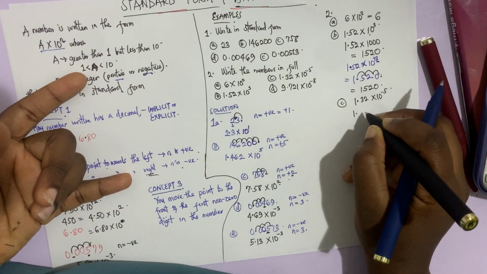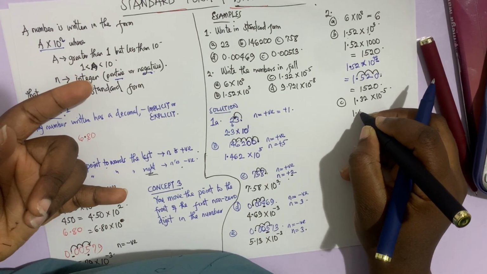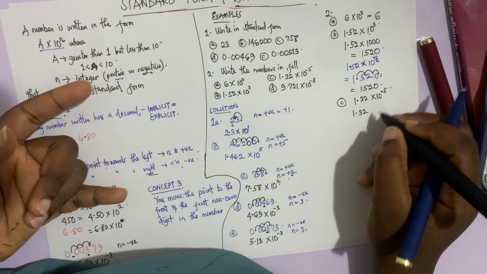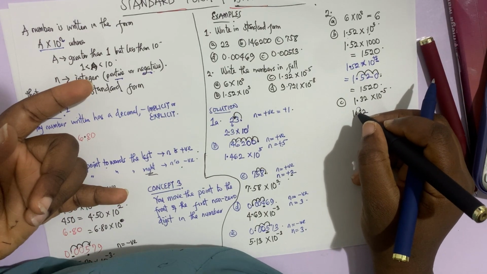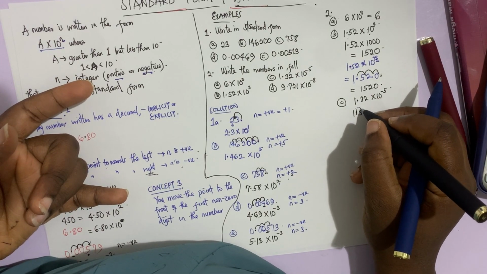Next, 1.234 times 10 raised to the power minus 5. You can do it either way. Because it's minus 5, they moved towards the right, so we have to move towards the left.